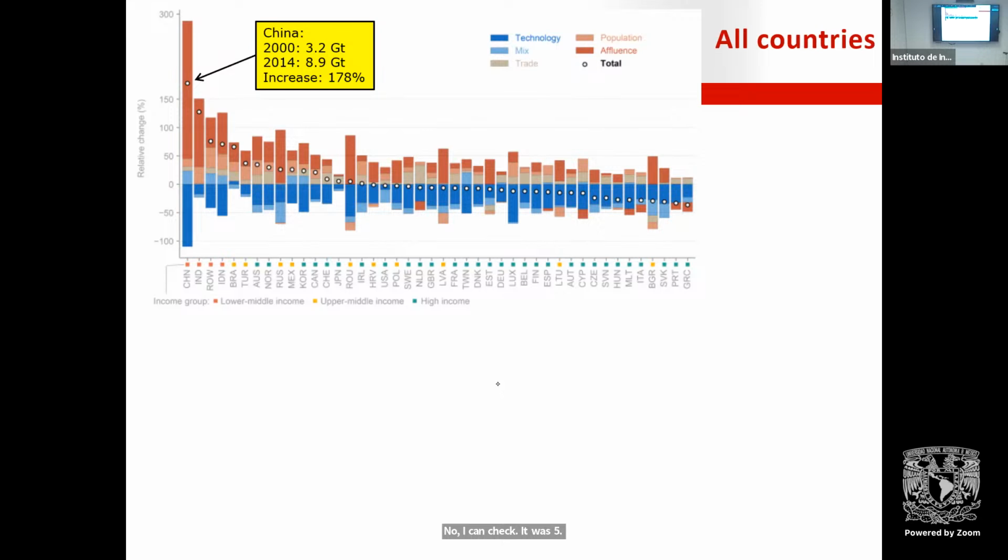Oh no, it's 3.2. So this is China, the bar on the left. In 2000, it was 3.2. In 2014, the footprint of China was 8.9. So that's an increase of 178%. And that is the dot here.